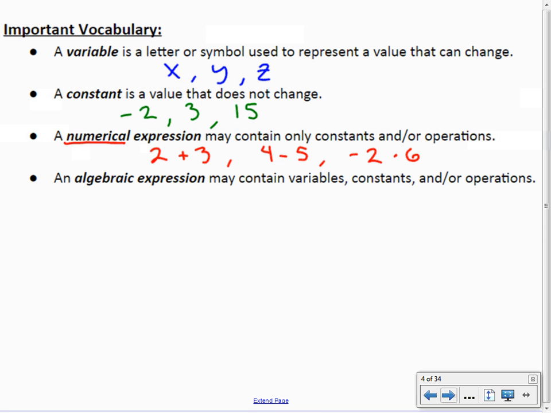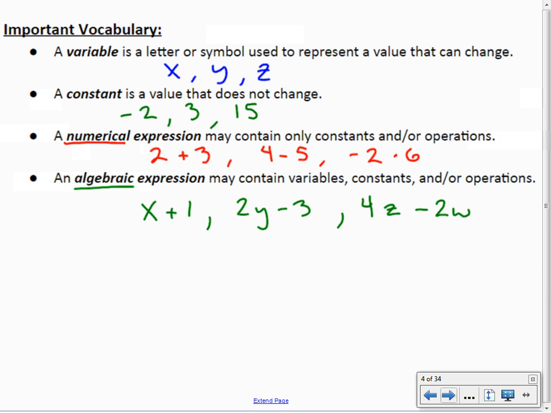An algebraic expression contains variables, constants, and operations. So this would be something like x plus 1, 2y minus 3, 4z, minus 2w.